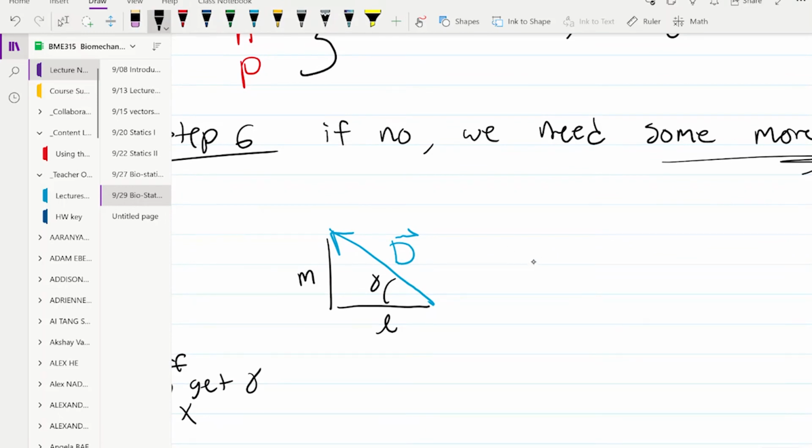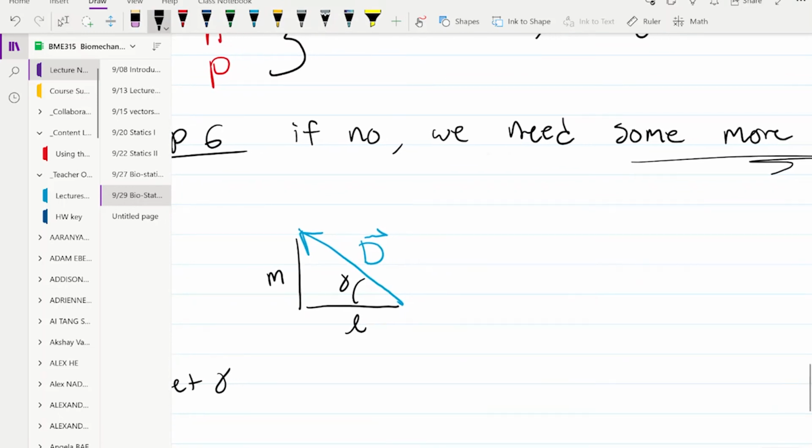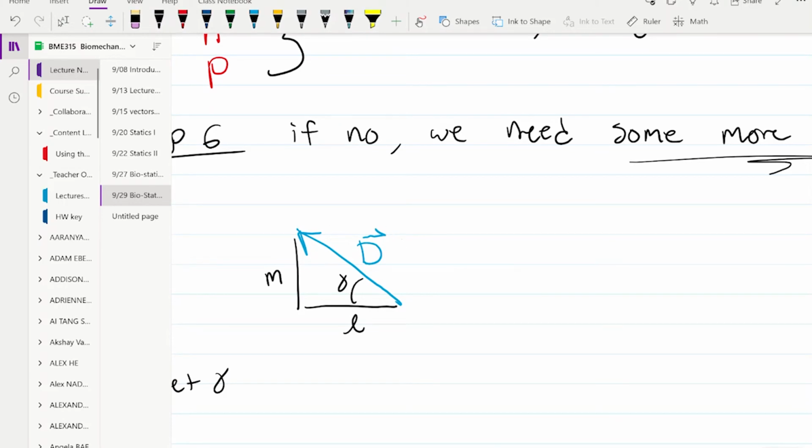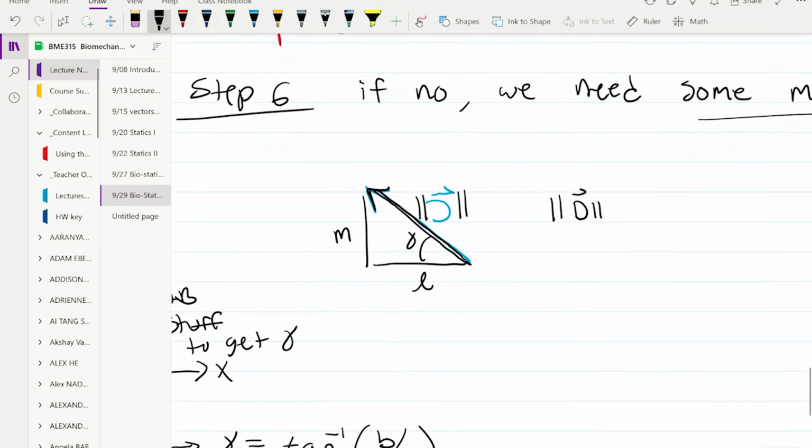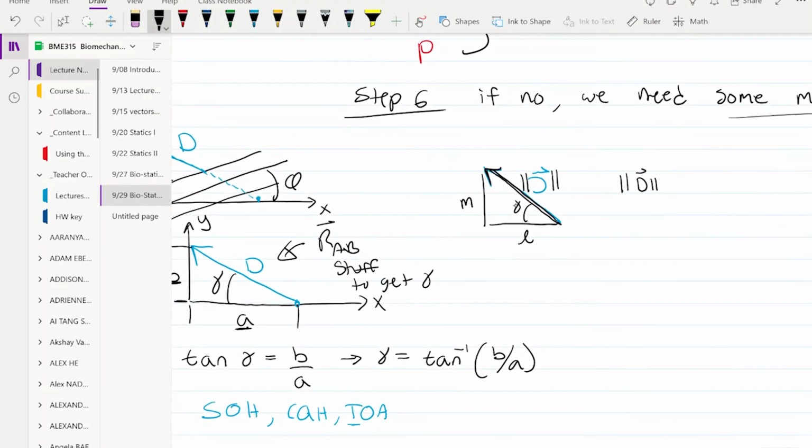So then we can write, let's make this relation with D. Magnitude of D is the hypotenuse here. This whole hypotenuse is the magnitude of D. So magnitude D, again, let's do the SOHCAHTOA deal. Opposite over hypotenuse. M over D is equal to sine gamma. Cool. We got L over D is equal to cosine gamma.